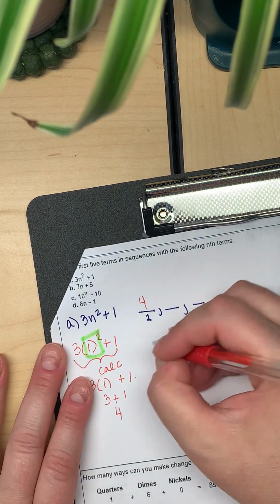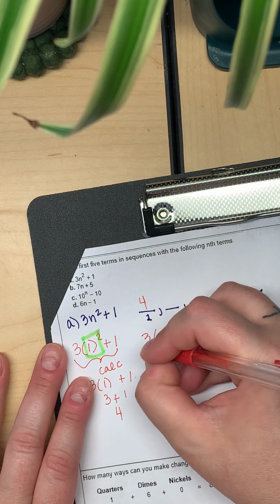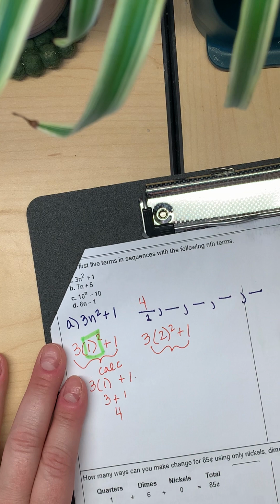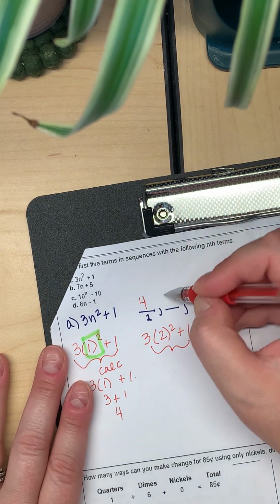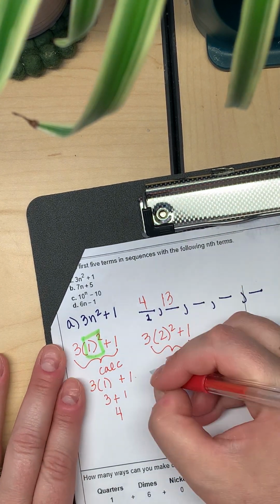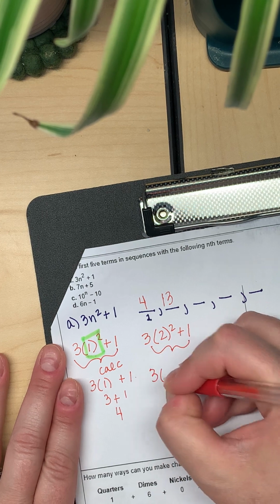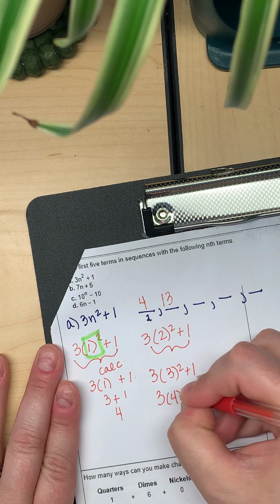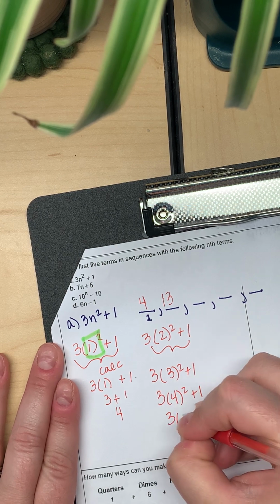Okay, then we're going to plug in a 2. 3 times 2 squared plus 1. And then put that in the calculator or your brain. But we should get 13. Then we're going to plug in a 3. And then a 4. And then a 5.